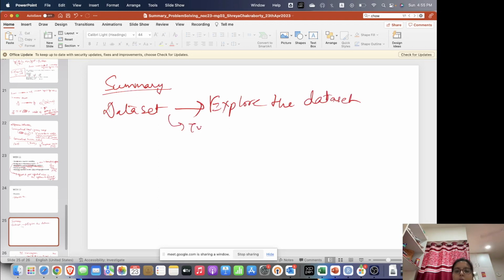by types of variables, and then get the charts or distribution diagrams.